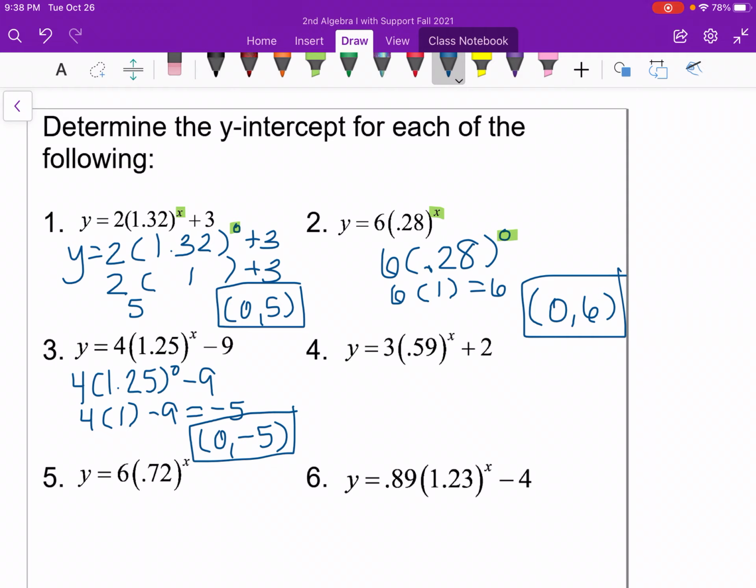Number 4, I have 3 times 0.59 to the 0 plus 2, which is 3 times 1, because 0.59 to the 0 is 1, plus 2. 3 times 1 is 3, plus 2 is 5, so this is 0, 5.